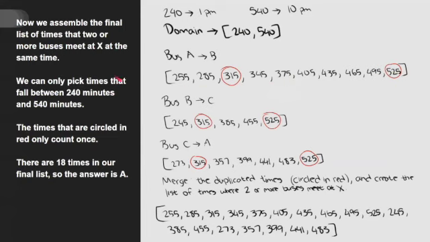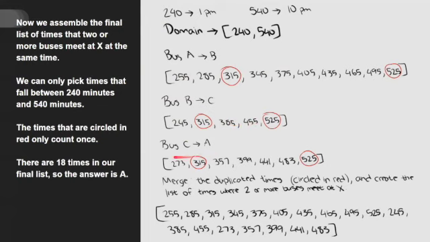Remember, these meetings are only after 240 minutes. So bus B and C, after 240 minutes, meet starting from 245 minutes, 315 minutes, and then 385, 455, and then 525.